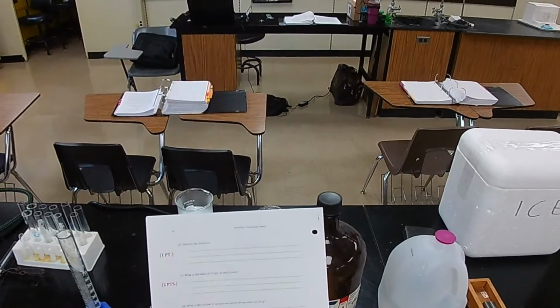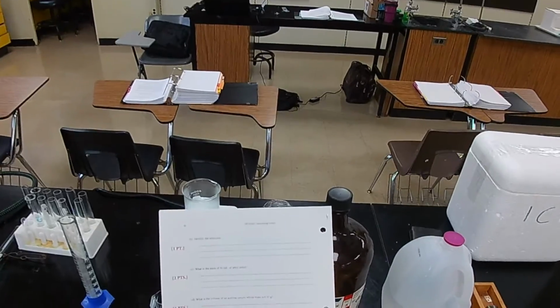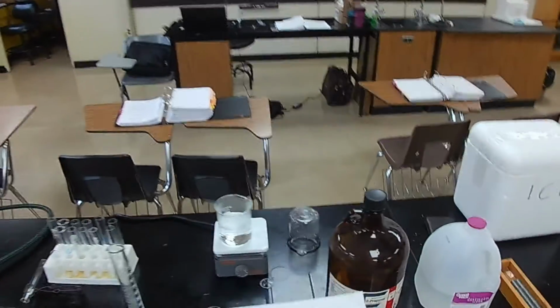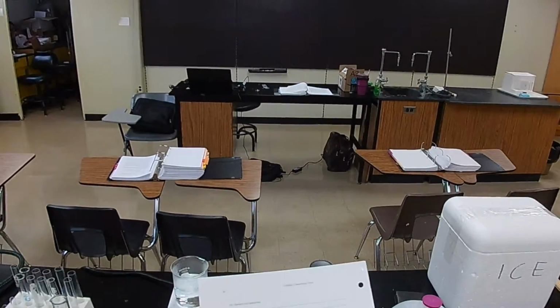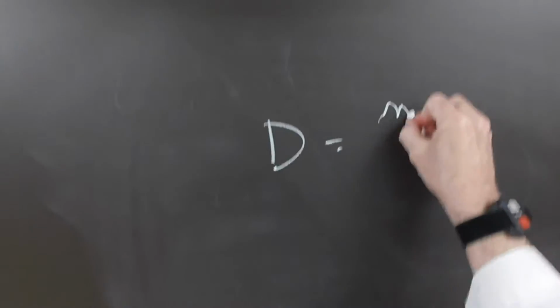What's the mass of 9.5 milliliters of ethyl iodide? So we have a formula. Density equals mass divided by volume. Let's go to the board. Okay, see if you can see this. Density equals mass divided by volume.